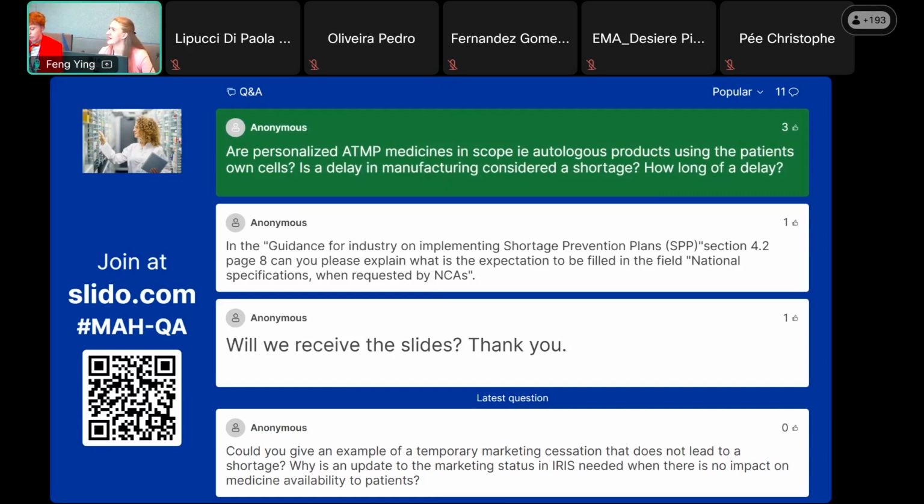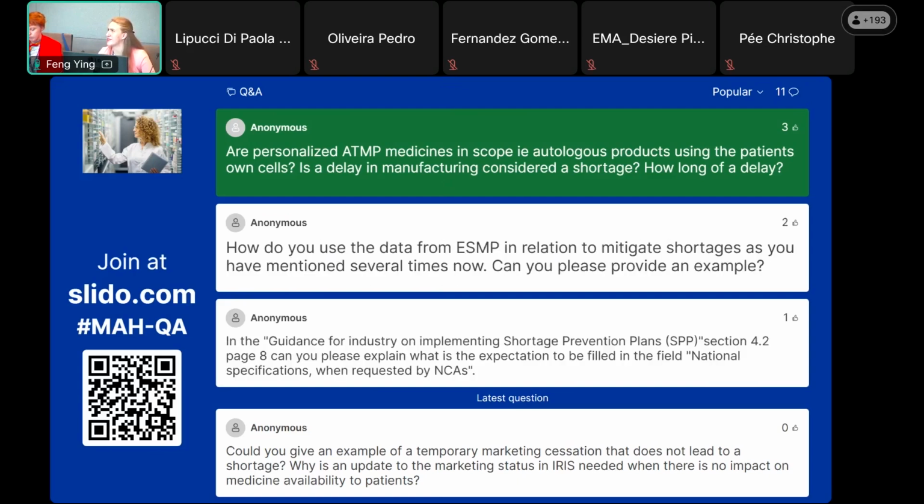Indeed, if you can foresee a shortage, you should report this to us. For further guidance, we would love for you to submit a question via Ask EMA to us to provide more details on such scenarios as well, and your take on this. And we will look into this to provide further guidance to you in the future on these products as well. Thank you very much for this question.